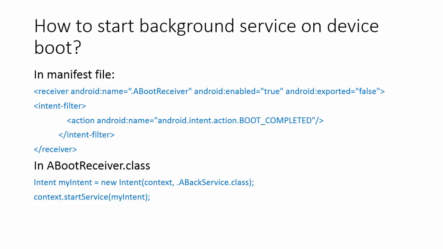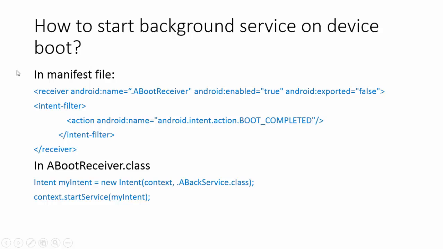For this, you need to specify a receiver which receives the boot completed event. Whenever the boot completed event occurs, the receiver receives that event and opens the service that you mention in the receiver class that is to be run.